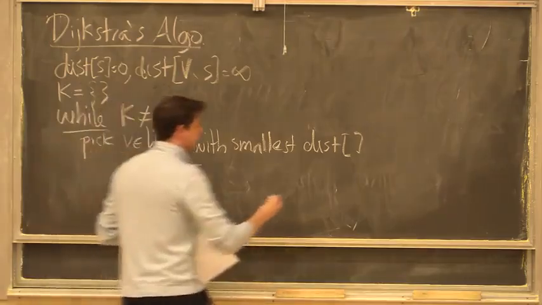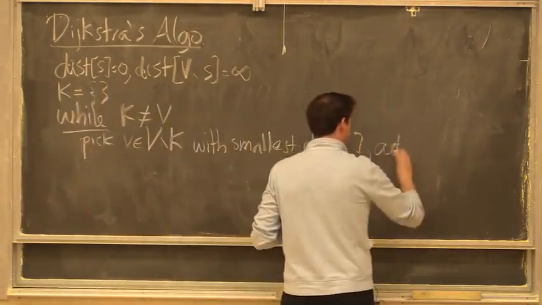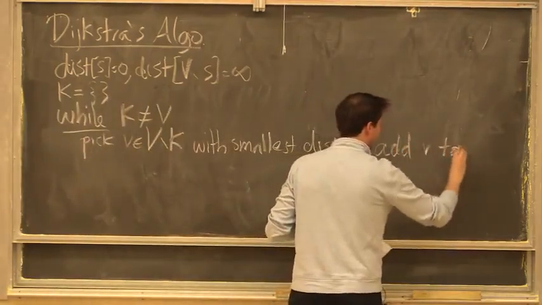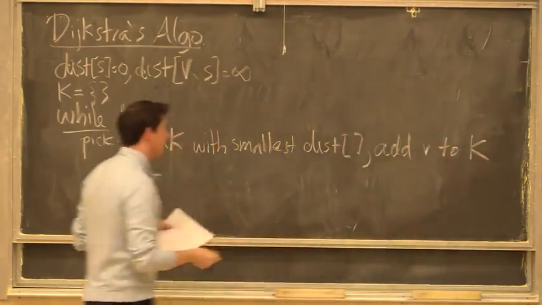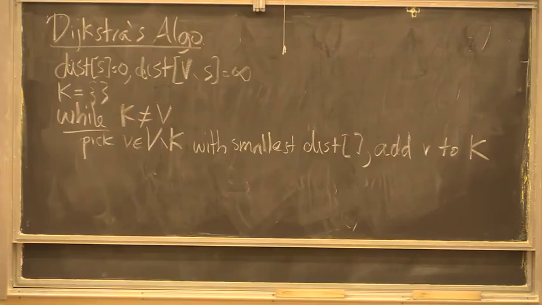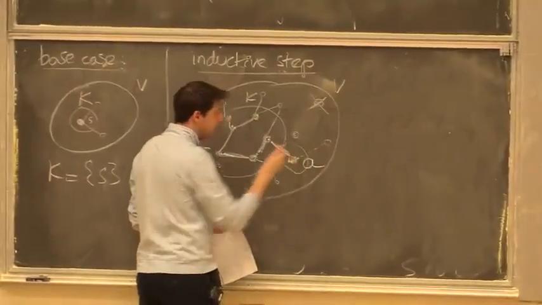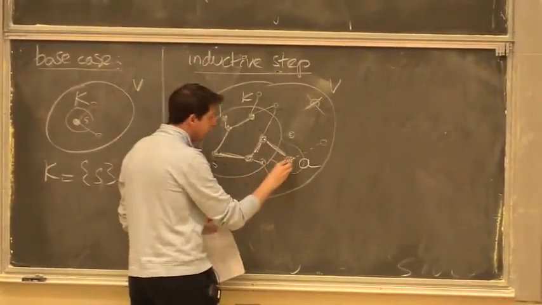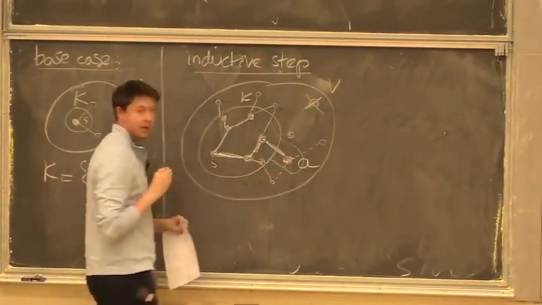And then we're going to add V to K. Okay, so this is the one that we picked and we put in, right? But once we put it in, the boundary of our edge extensions changes, right? Because when we have added A, maybe A contributes some new edge extensions, or maybe contributes to information about previous edge extensions.